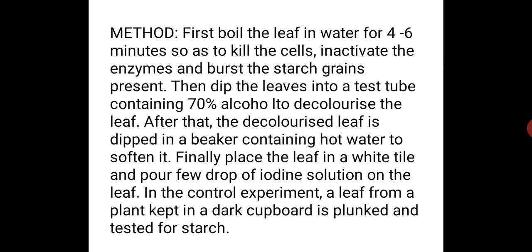After that, the decolorized leaf is dipped in a beaker containing hot water to soften it. Finally, place the leaf on a white tile and pour few drops of iodine solution on the leaf.